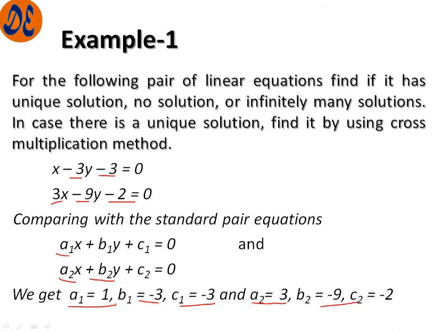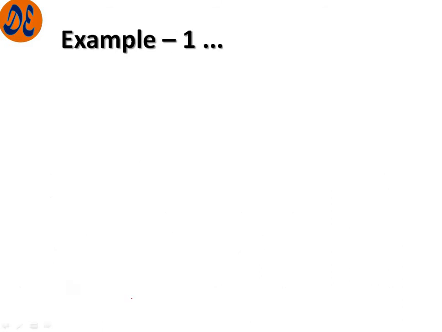So we have a1, b1, c1 and a2, b2, c2. Now, is the solution unique, is there no solution, or are there multiple solutions? What will we get?